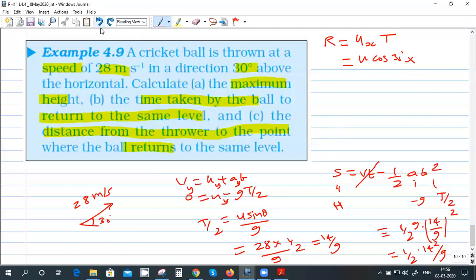T by 2 is 14 by g. The capital T is 28 by g. And u is 28, right? 28 into root 3 by 2, into 28 by g. So 28 square root 3 by 2 by g.